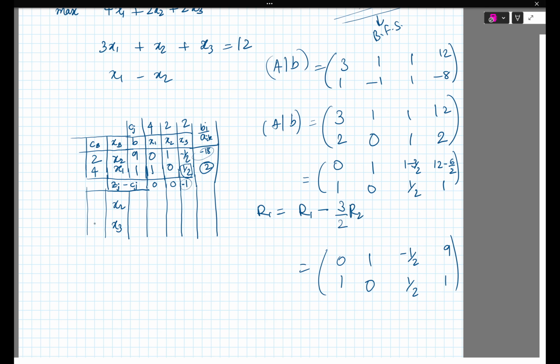Yes, so this will be 2, 2. We need to make this 1. To make this one, we multiply it by 2, right? 2, 2, 0, 1. And to make this 0, we just add this to it. So this is 0, 1, 1, 1 plus 9 is 10.